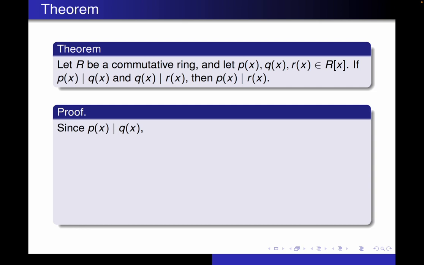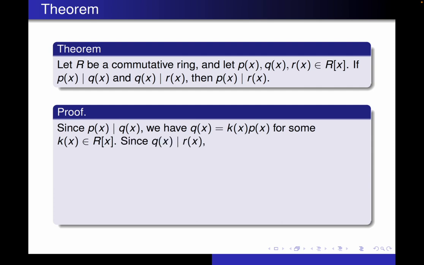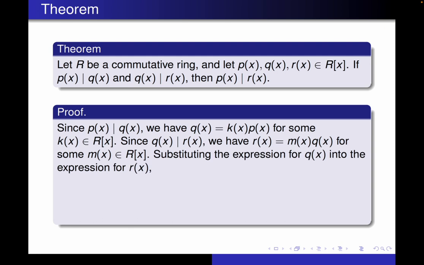All right, so we know that p(x) divides q(x). That means that q(x) equals k(x), say, times p(x) for k(x) a polynomial. And similarly, q(x) divides r(x), which means that r(x) equals some polynomial m(x) times q(x). Well, notice that we can substitute the expression for q(x) in that first equation in for q(x) in the second equation.